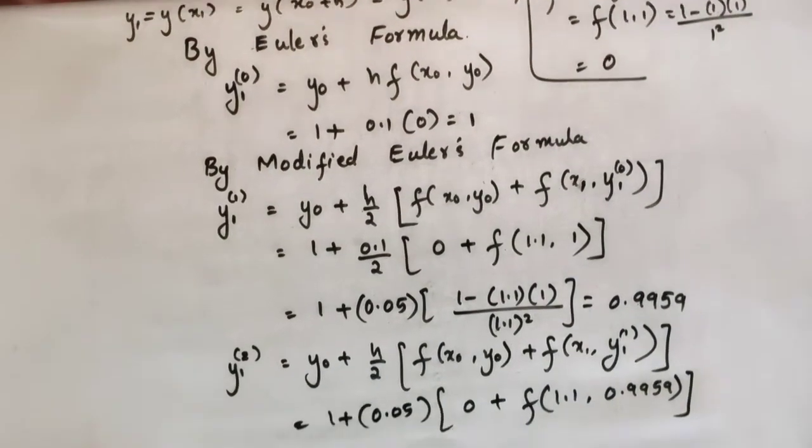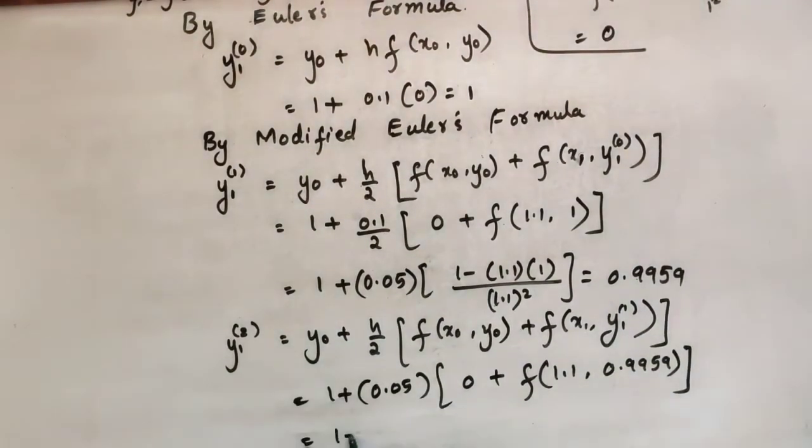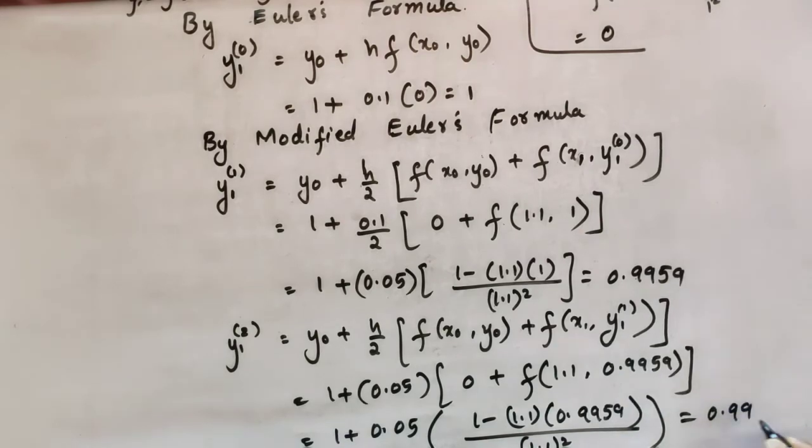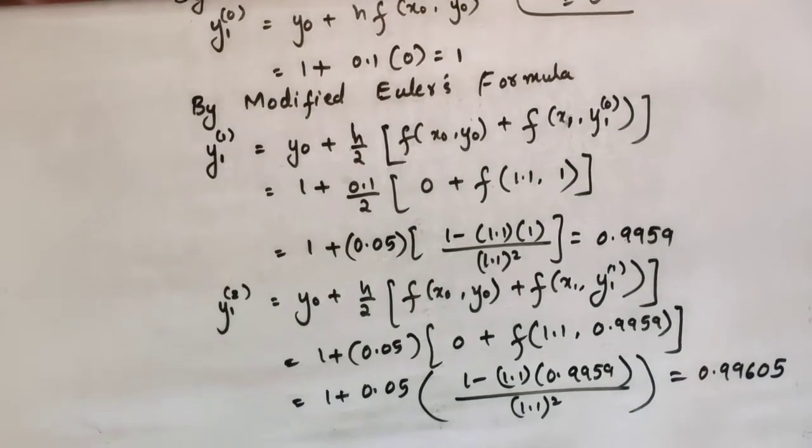Using the definition, it is 1 plus 0.05 times 1 minus 1.1 into 0.9959 over 1.1 square. The simplified value is 0.99605. This time I have got the fifth decimal place.